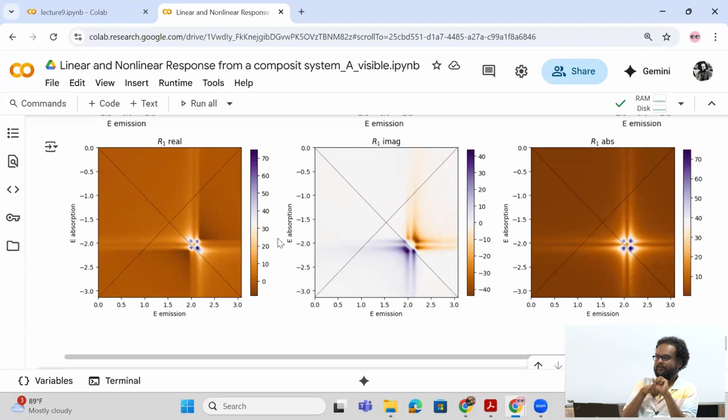Calculate nonlinear response. Another thing, also add another Lindblad operator. What is the kind of collapse operator that I need to bring in? T square over 2, right? So that's the lowering operator.